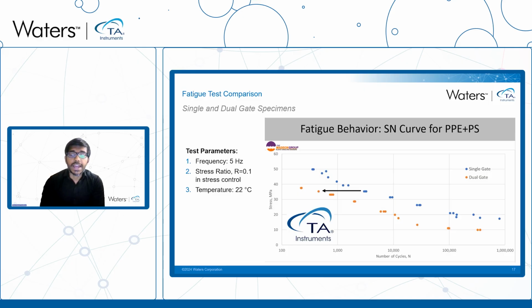We can see that at the same stress level of around 35 megapascal, the fatigue life of the dual-gated specimen is around a few hundred cycles, while the fatigue life of the single-gated specimen here is around a few thousand cycles, which is an order of magnitude difference in terms of fatigue life. So this is highlighting how you can quantify the material lifetime under certain loading conditions.